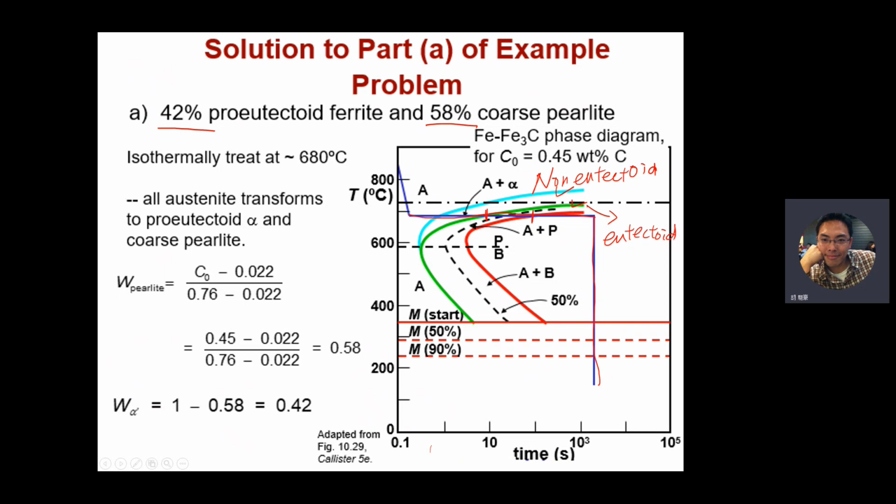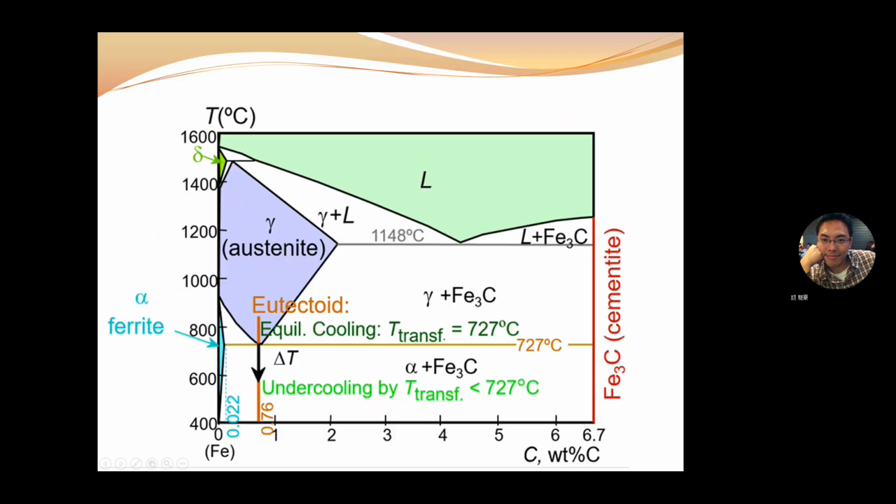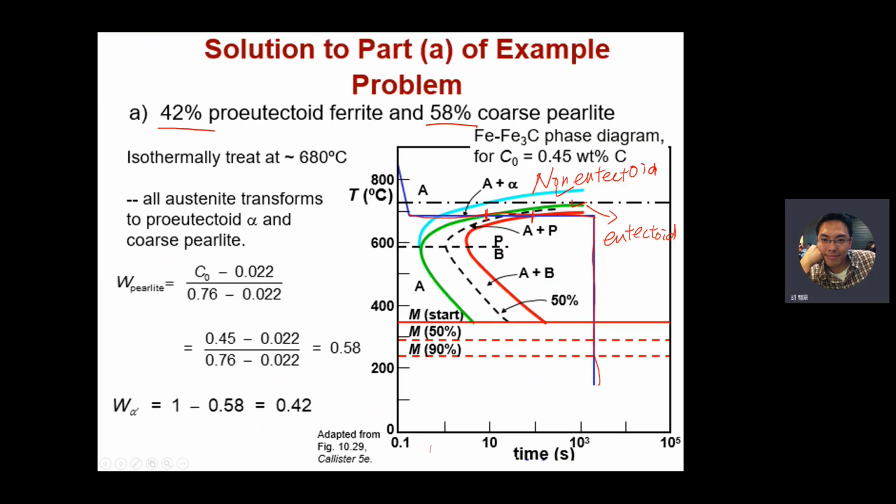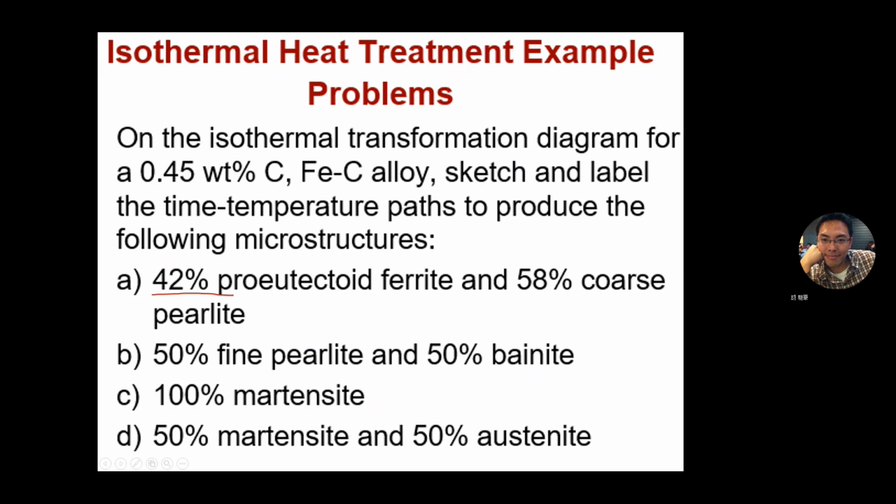Sorry about that. Do you still remember the phase transformation from the phase diagram, and how to calculate the weight fraction? We can look at this phase diagram. What's the carbon content of this alloy?